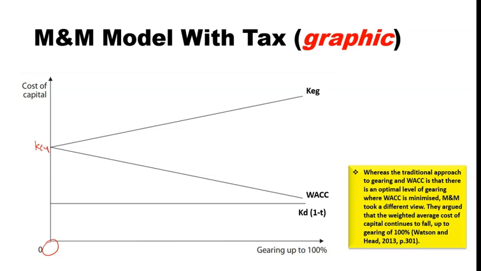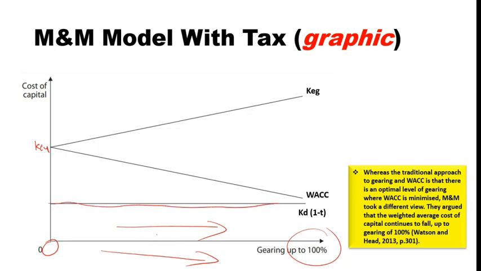But as we increase our gearing, we can gear up to 100%. As we continue with the gearing, you can see that our KD is just a constant straight line, but the WACC is falling. This is the WACC. The WACC continues to fall.